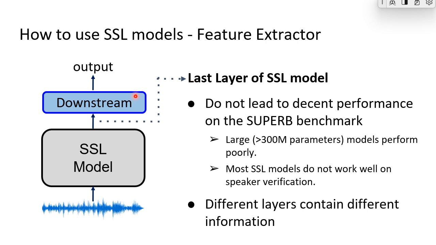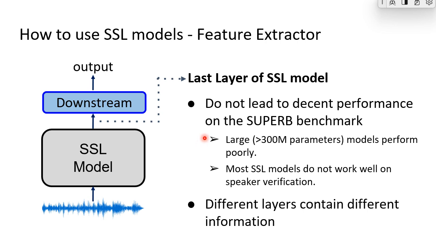However, based on the previous experiments on SUPERB, we found that this approach does not always lead to decent performance on the SUPERB benchmark. We found that if we only take the last layer as the input of the downstream model, usually the large models, for example, HuBERT Large and Wav2Vec Large, would have very poor performance, even worse than typical acoustic features like FBANK.